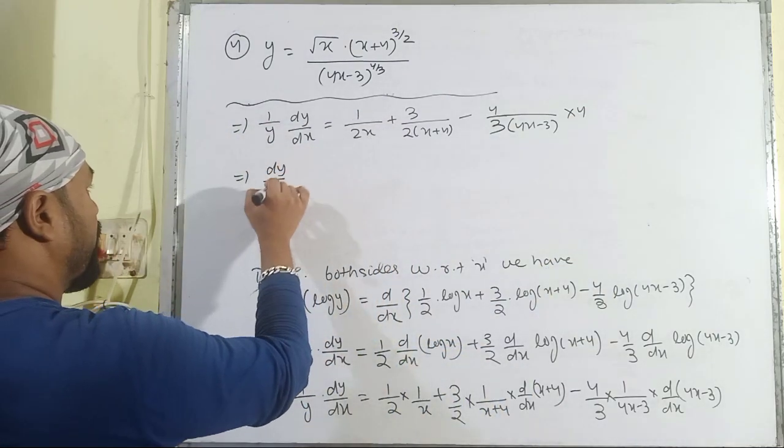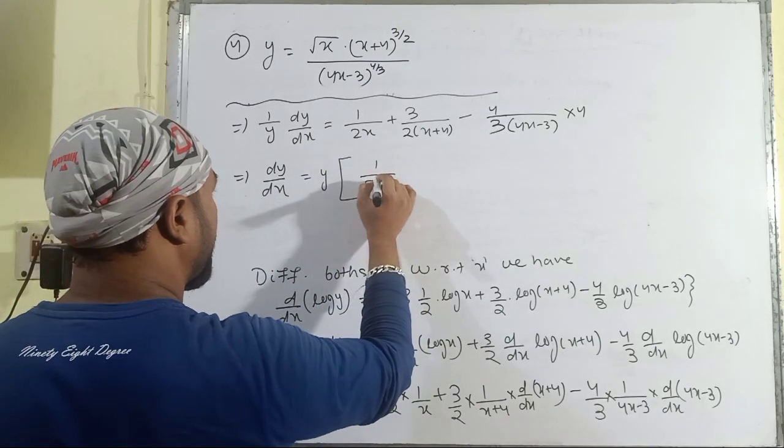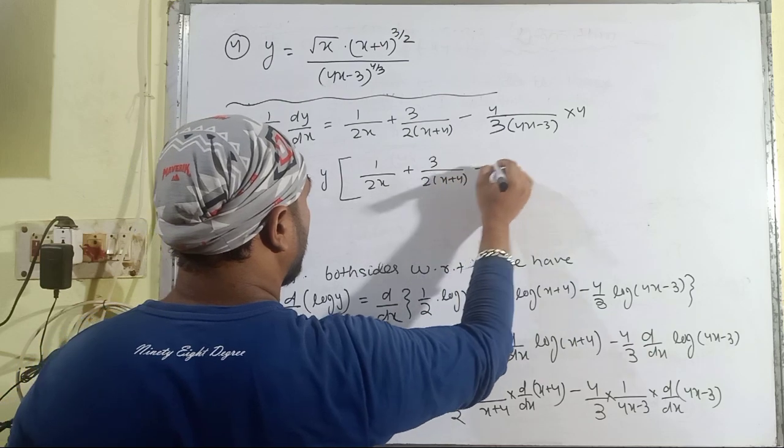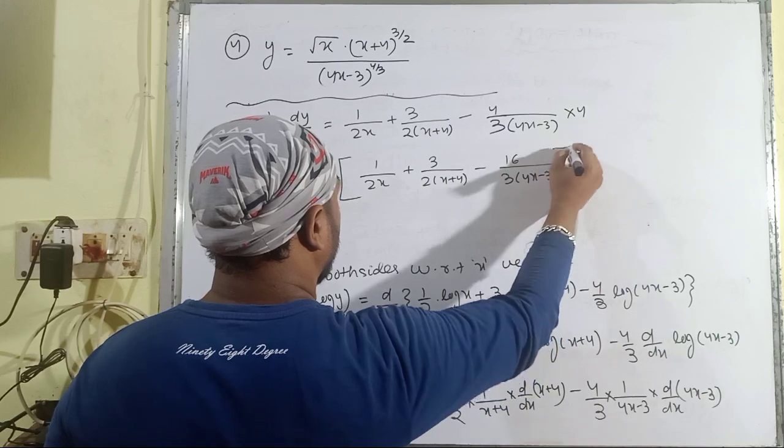Then the differentiation of y with respect to x will be y multiplied with [1/(2x) + 3/(2(x+4)) − 16/(3(4x−3))].